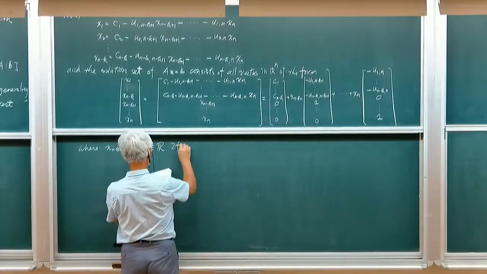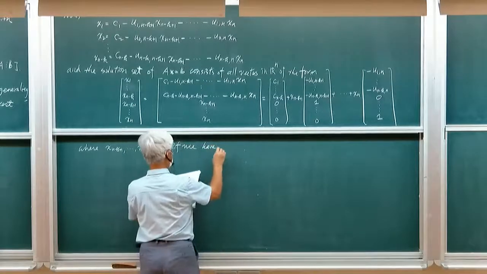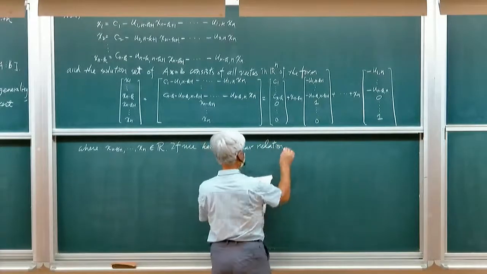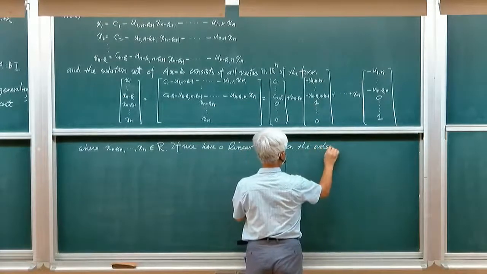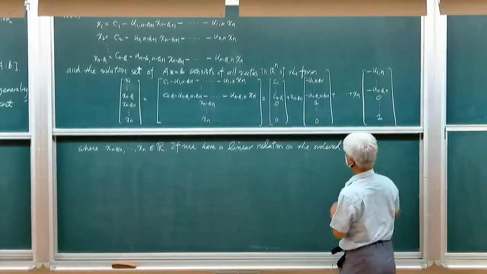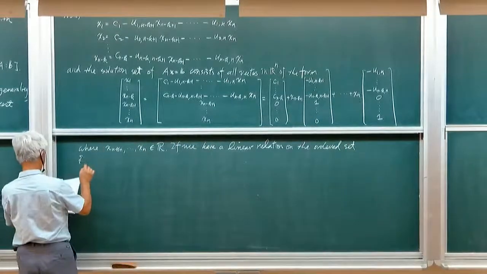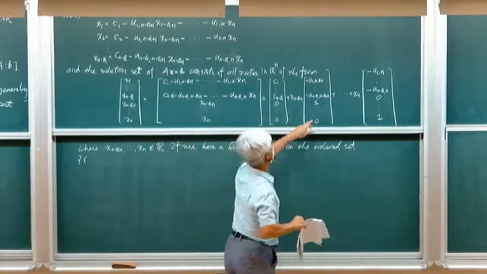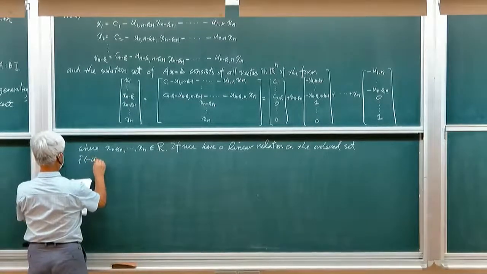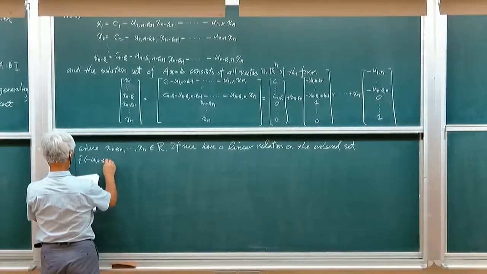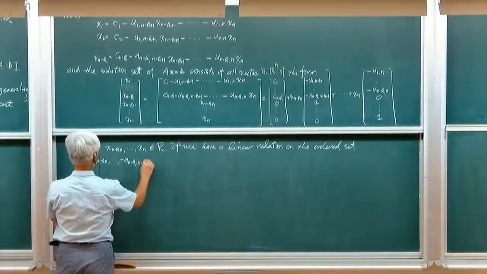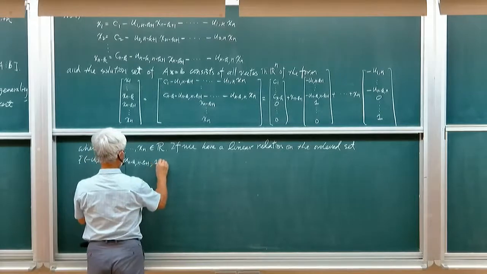Now, if we have a linear relation on this ordered set, the first one here, this column vector, is minus u 1 minus k plus 1, ..., 1, 0.